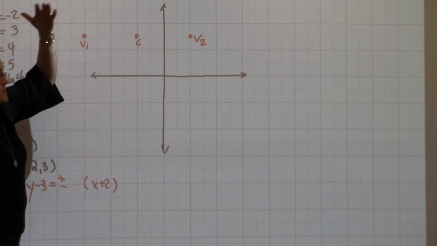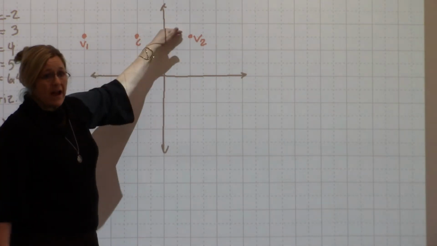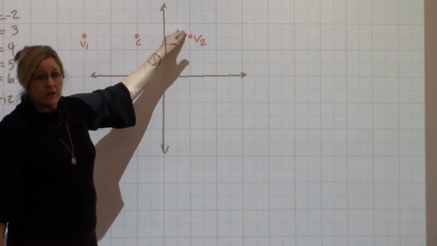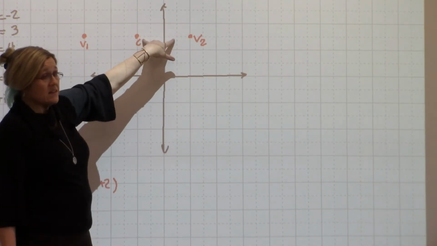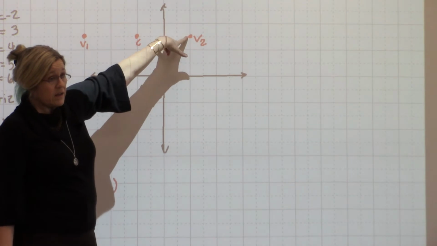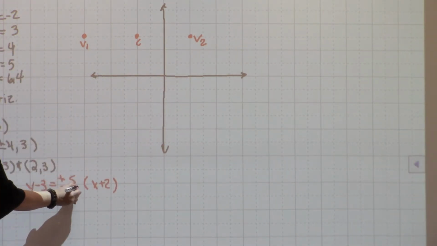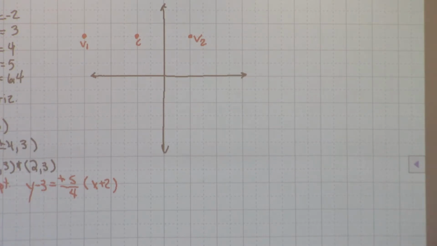All you have to do is look and ask yourself, rise over run. This time your A is your run, isn't it? So the slope has to be B over A, so 5 over 4. So there are my two equations. There's 2 in 1 there, isn't there?